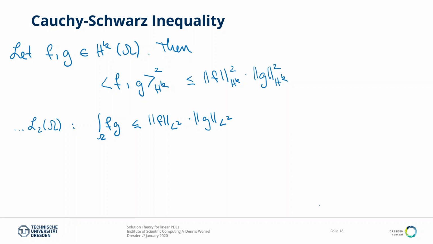And that's pretty cool, because now we not only know that the norm is induced by using the scalar product for f and f, but also we know that we can bound this scalar product of f and g from above by the product of the norms.